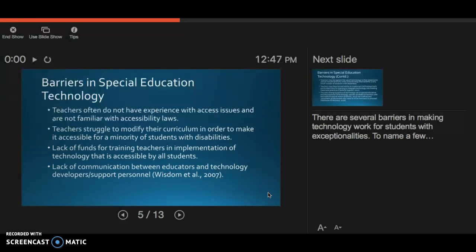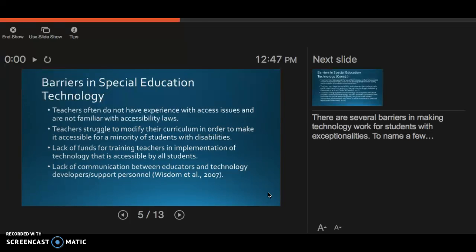There are several barriers in making technology work for students with exceptionalities. To name a few, teachers often do not have experience with access issues and are not familiar with accessibility laws. Teachers struggle to modify their curriculum in order to make it accessible for a minority of students with disabilities.